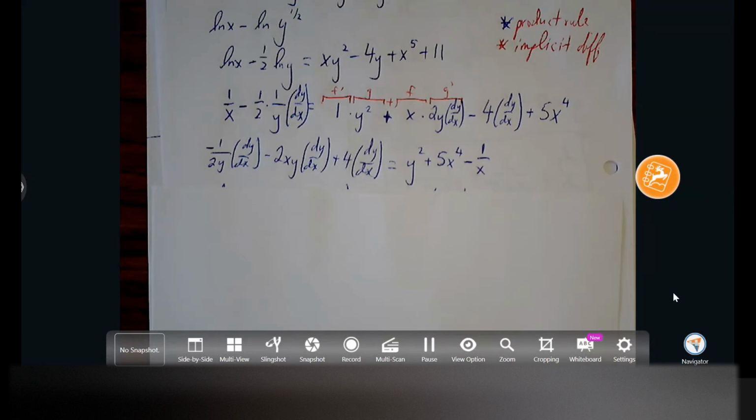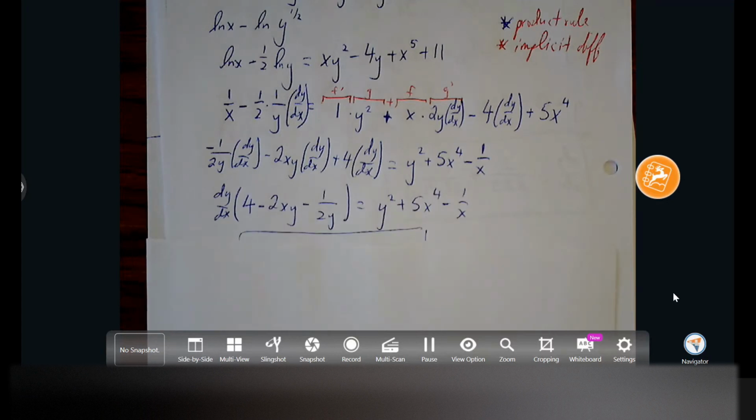Factor out the dy dx, and then divide the parentheses over.